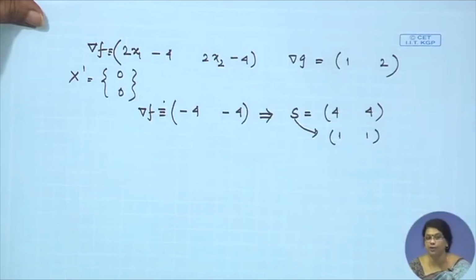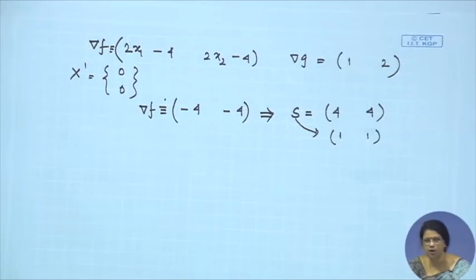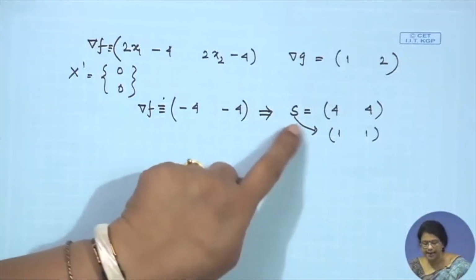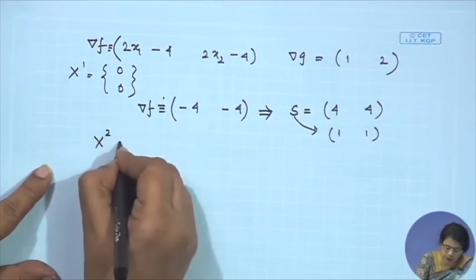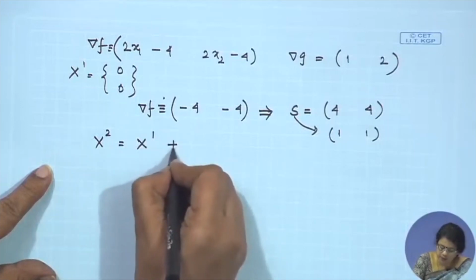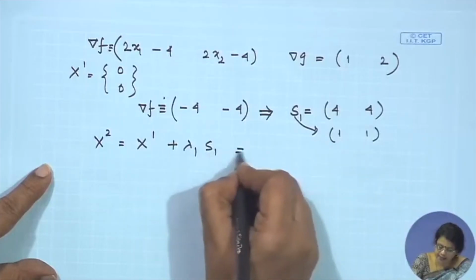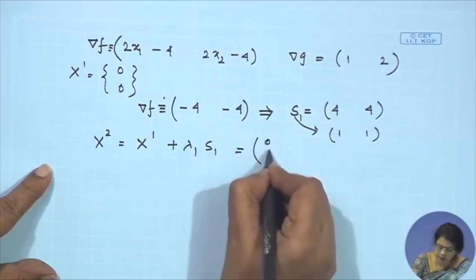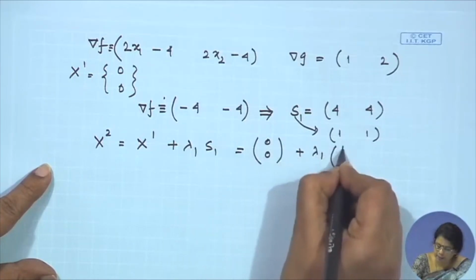We are not really interested in the magnitude, we are interested in the direction of the s vector. That is why I can say s is equal to 1, 1. If I want to move from x 1 to x 2, we can write x 2 is equal to x 1 plus lambda 1 s 1, where s 1 is 1, 1, so x 2 is 0, 0 plus lambda 1 times 1, 1.